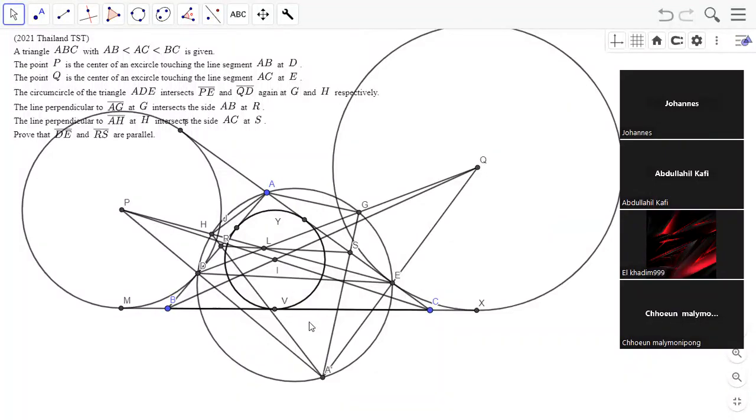Yeah, if we prove that AL is perpendicular to RS, then the problem is solved. That AL is perpendicular to RS, right? To RS, yeah. All right.